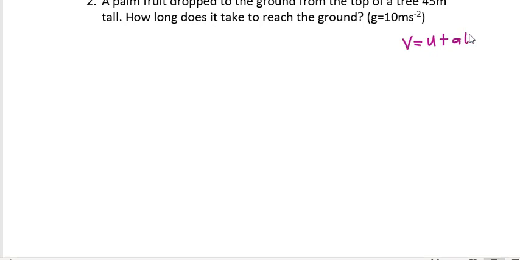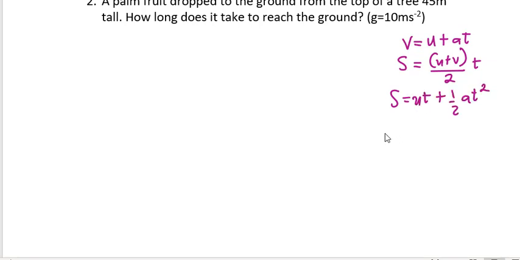That's how I master them. Then another one is x equal to u plus v all over 2, times t. Then we'll have x equal to ut plus 1 over 2 at squared, and then v squared equal to u squared plus 2as. So once you've done this, you can now get to the question.